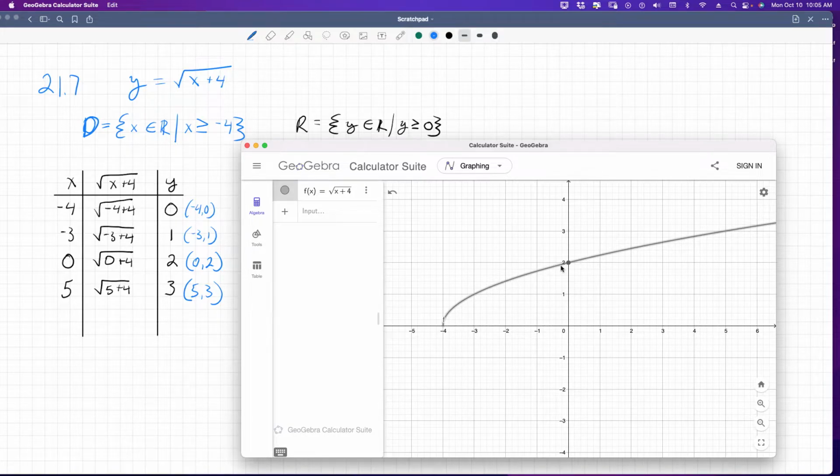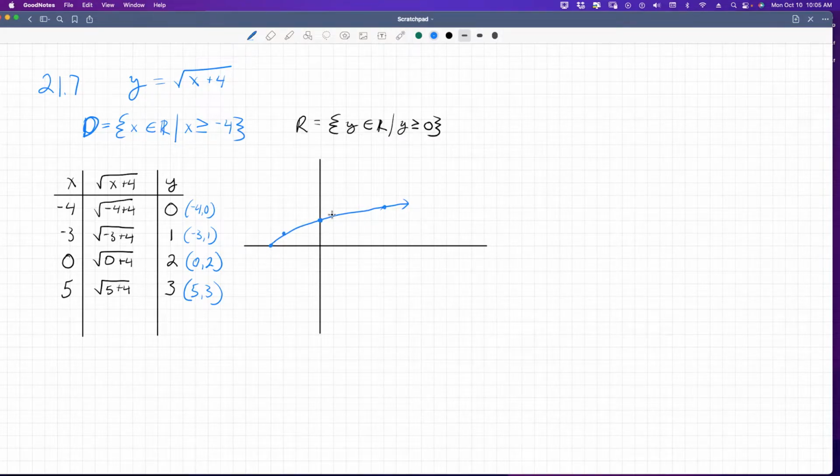Then our next point is the y-intercept of 0, 2, which we found. And then our next point was 5 and 3, which we have here. You can see how it goes from this point up to the next line, 3. So we did it correctly. We can check our points that way and make sure that we are graphing it right. It looks right here. I didn't quite get that through that point, but we get the idea. So that's how you can check your work with a graphing calculator and make sure that you understand what you're doing.